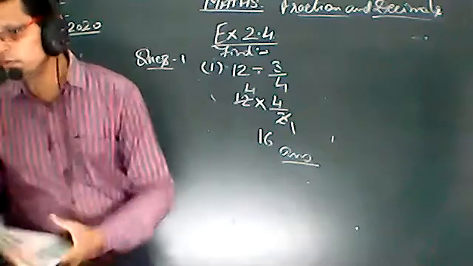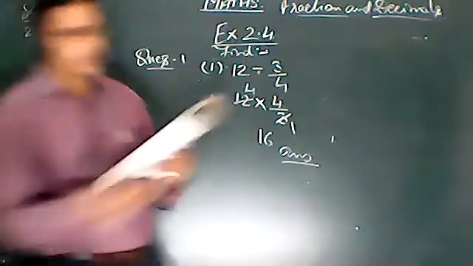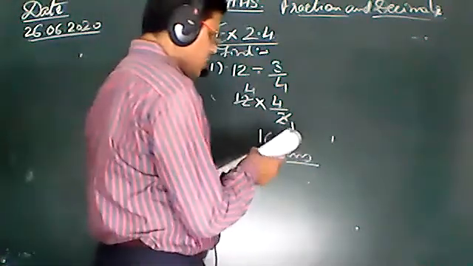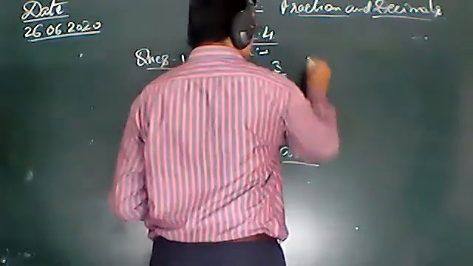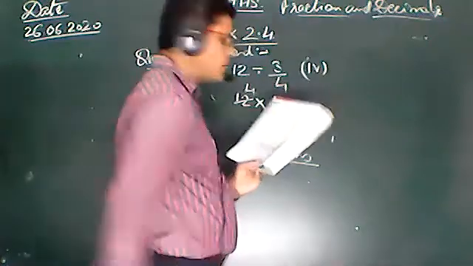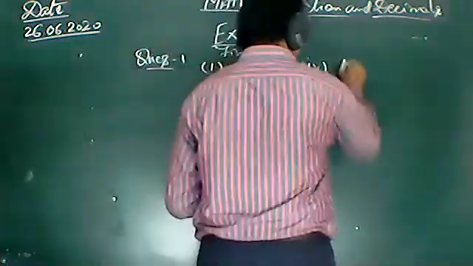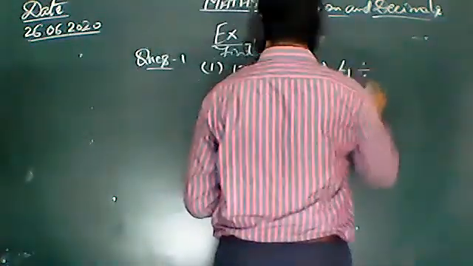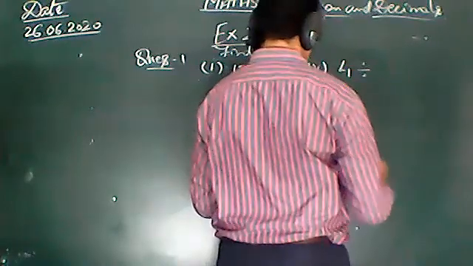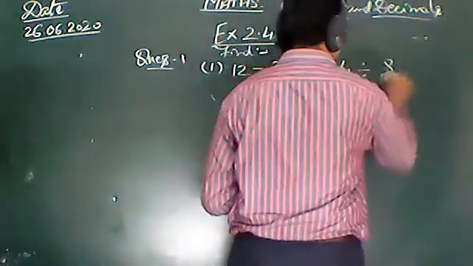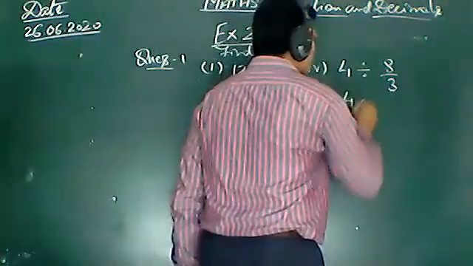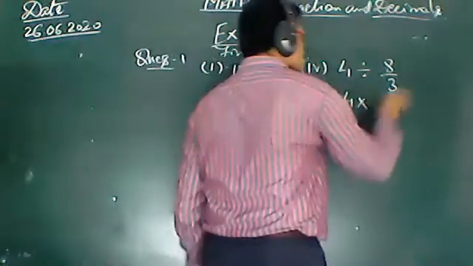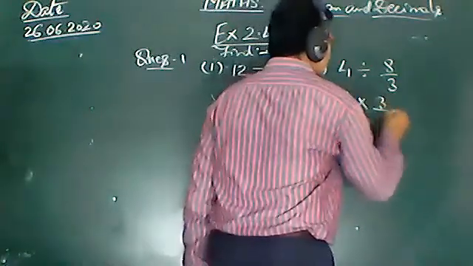Now we go to the fourth part. The fourth part is 4 divided by 8 by 3. Now we convert into the multiplication form, and the reciprocal of the divisor is 3 by 8.